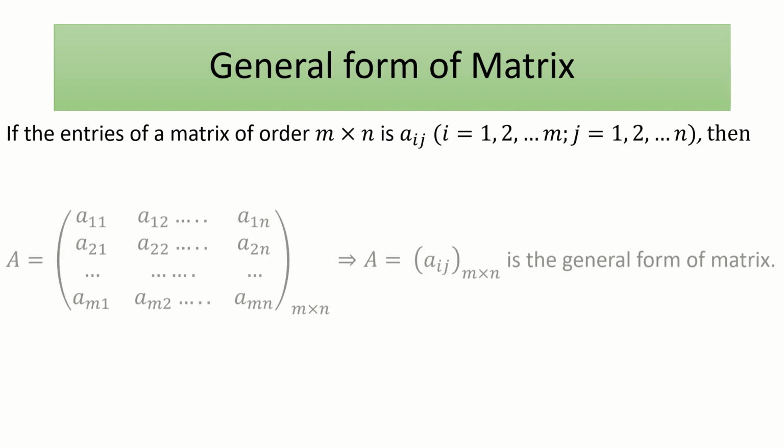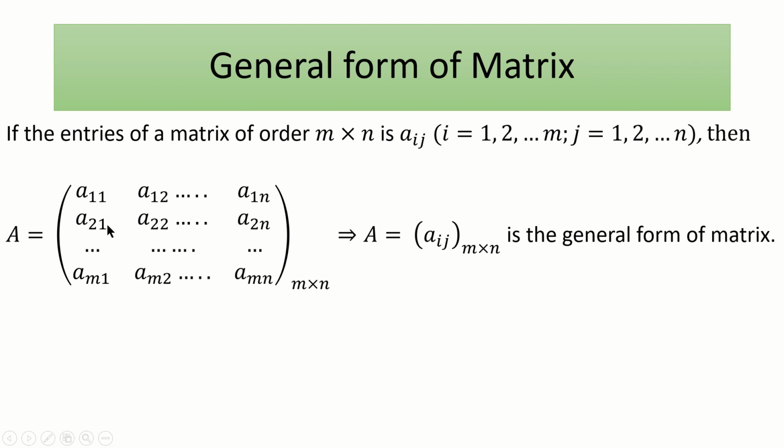Now follow. Here is a given matrix of order m by n, which we can write in short as a_ij of order m by n. This is the general form of a matrix. Follow here.